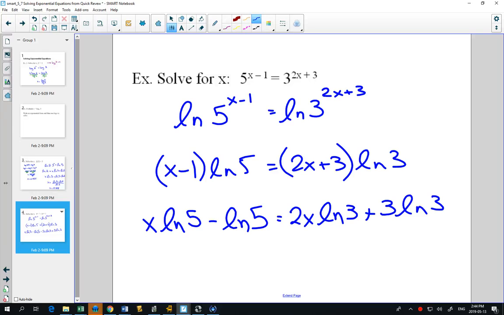Now, again, the idea of algebra stays the same. We just deal with more complicated things. If you had 5x plus 3 equals 7x minus 9, what would you do if you were solving?